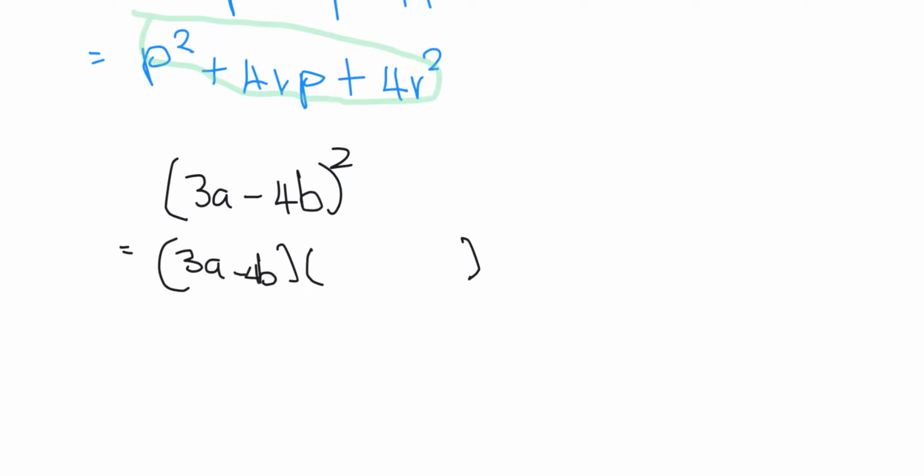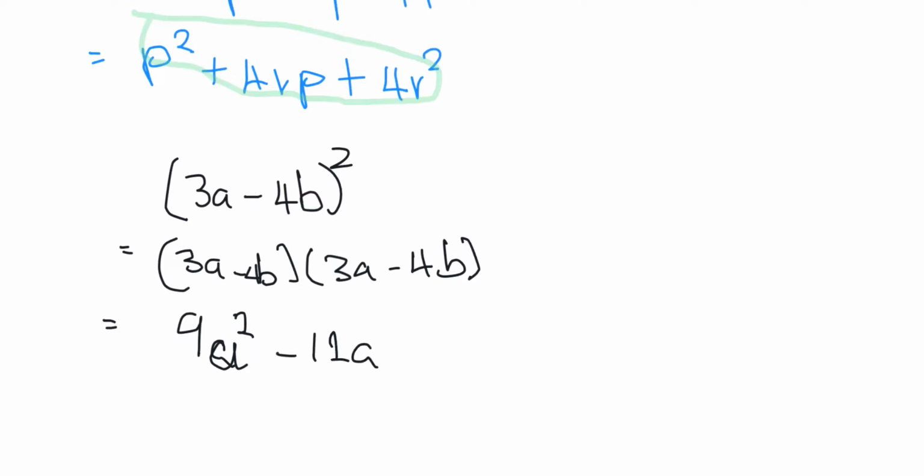Then it's also, this is going to be 3a subtract 4b. And when you're having this, then you use our FOIL method. So this is going to be what? 3a multiplied by 3a, which is going to be 9a squared. Then you say 3 multiplied by this, negative 4b.